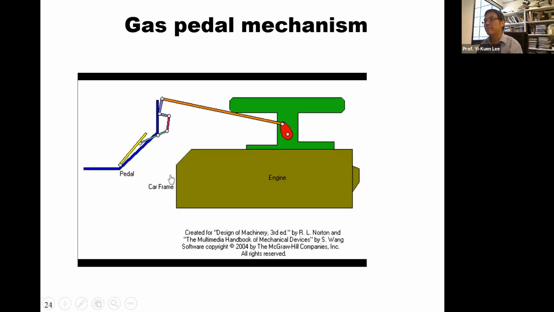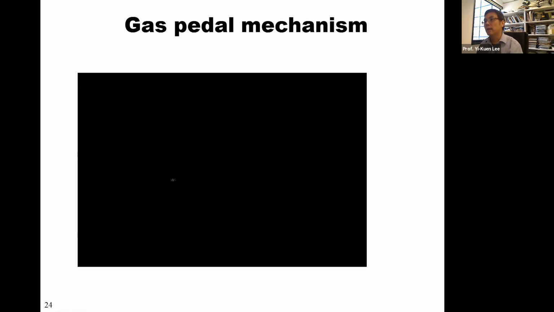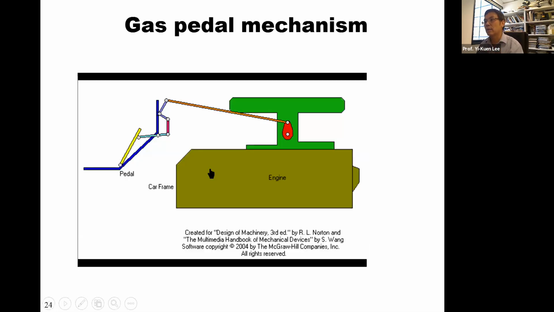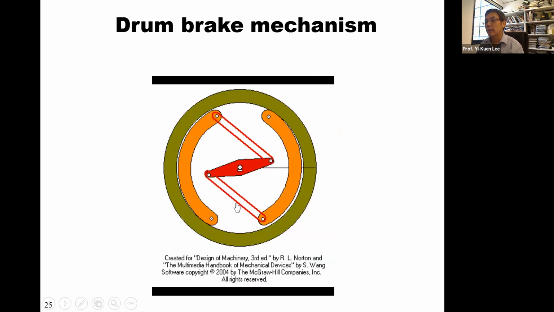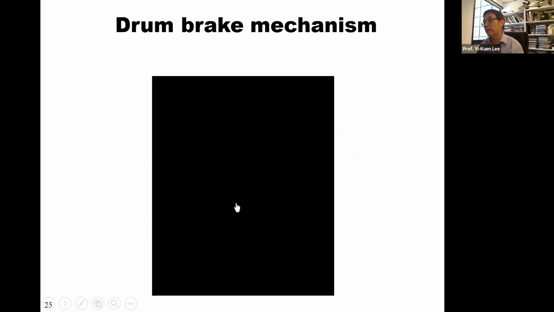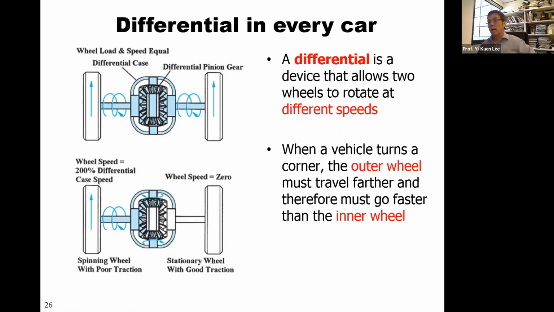And then also the gas pedal mechanism, right? For every car, you need to control the gasoline to the engine, so this is quite an important thing. So you also require this mechanism. And drum brake mechanism, again, every car has a brake, right? And of course, another thing in every car, right?